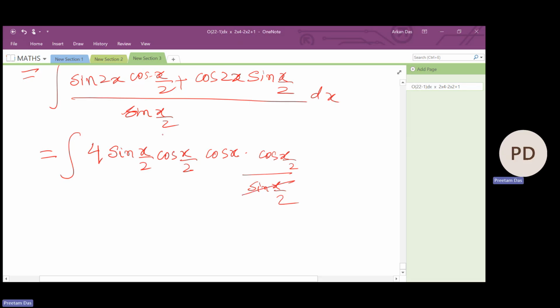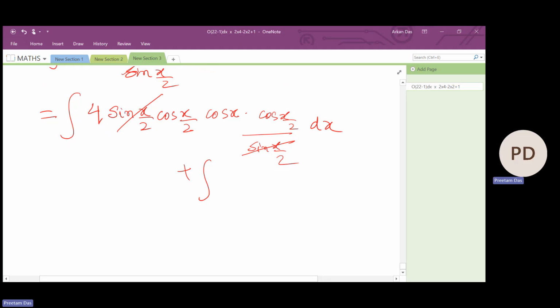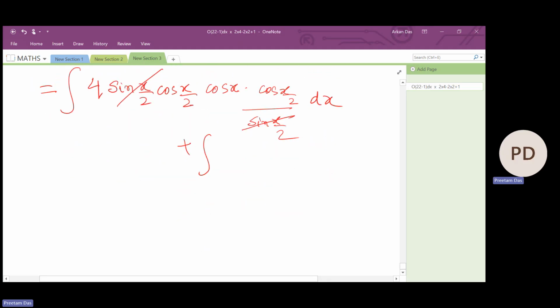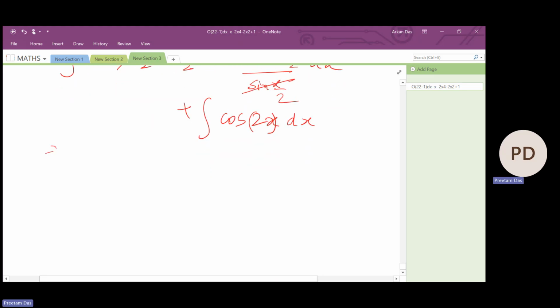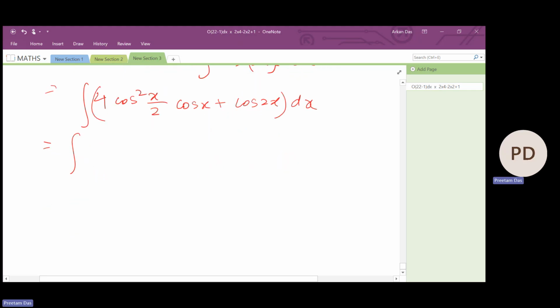Is this cancel? dx plus what will be the next integral? Next integral, sine x by 2 and sine x by 2 straight away cancel. So cos 2x dx. Now integrate this. So I'm writing the step after this: 4 cos square x by 2 cos x plus cos 2x dx. But will you write it as 4 cos square x by 2?